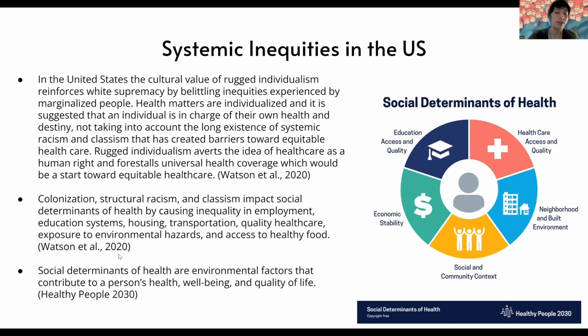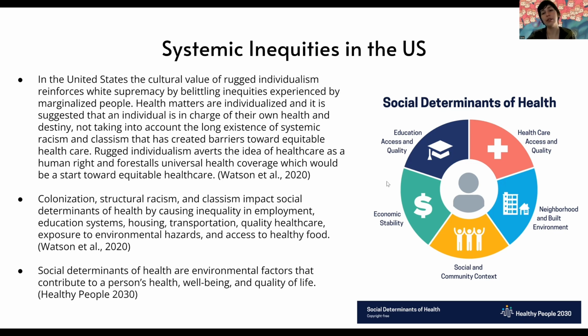The social determinants of health, which I mentioned earlier, are environmental factors that contribute to a person's health, well-being, and quality of life. You can find a lot of information on the social determinants of health on Healthy People 2030.